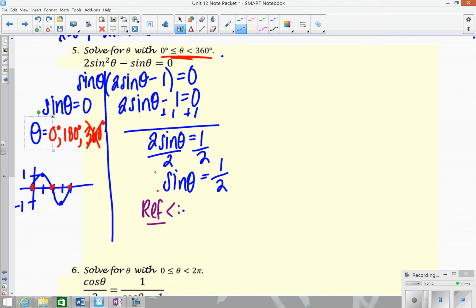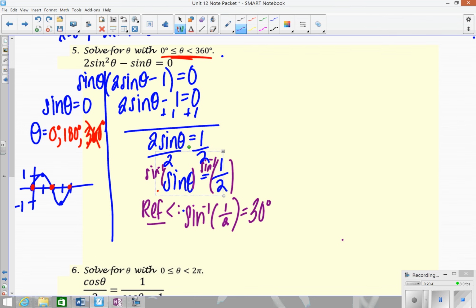My reference angle really means you want to find the sine inverse of the positive version, which it is. So sine inverse of 1/2 is going to give me 30. So my reference angle is 30.